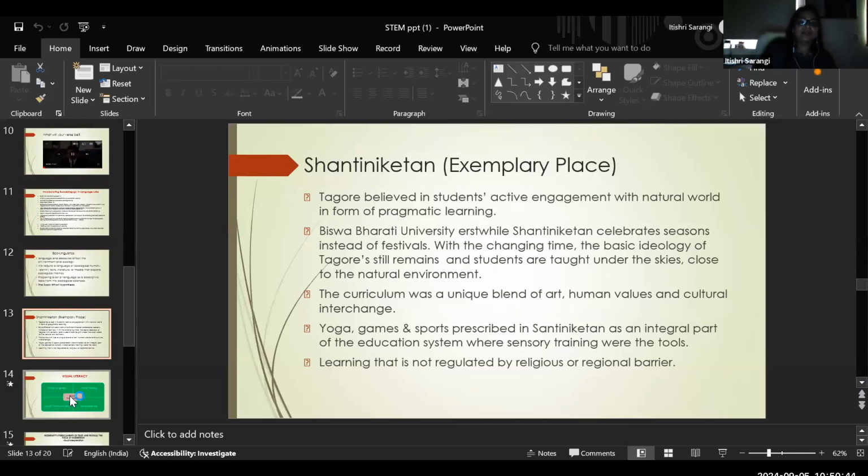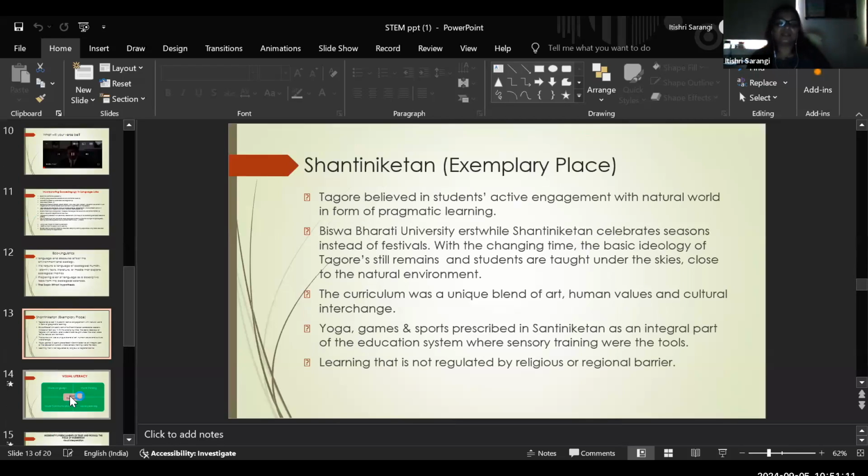Now I'll give you an example of an exemplary space where humans and the environment come together. I'll talk of Santiniketan, a university in the eastern part of India, where Tagore believed in students' active engagement with the natural environment in the form of pragmatic learning.